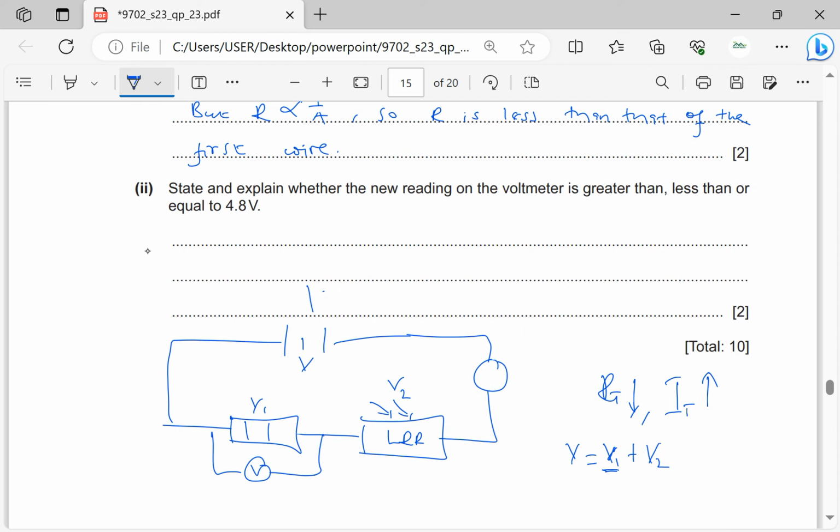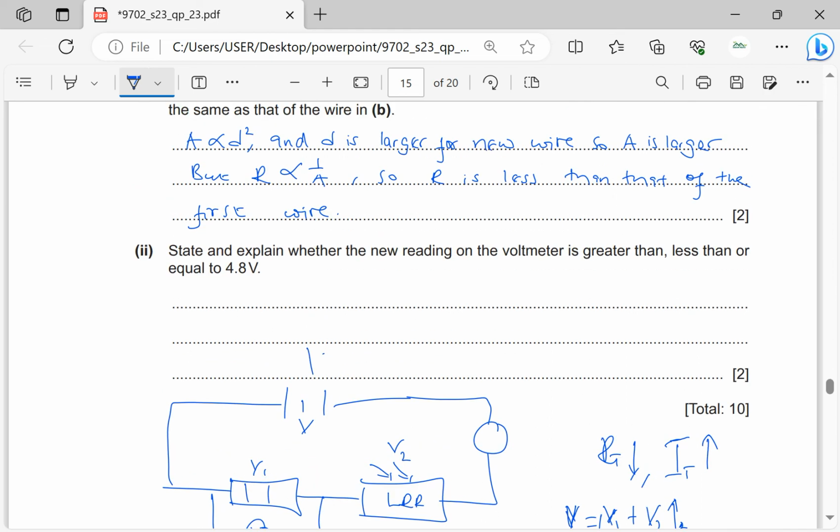If the total current has increased, but the resistance of V1 has decreased, and the same current is going to go through the LDR, it means V1 is going to decrease, and since total should remain V, it means V2 should just increase.